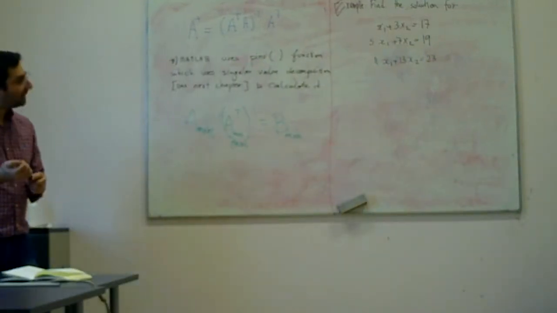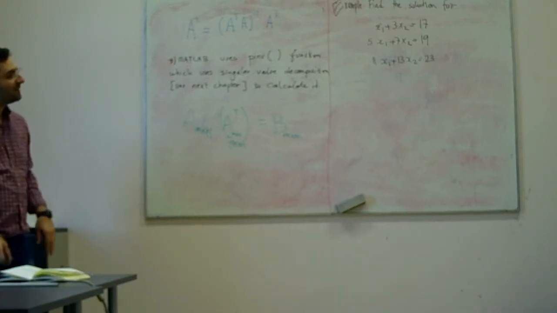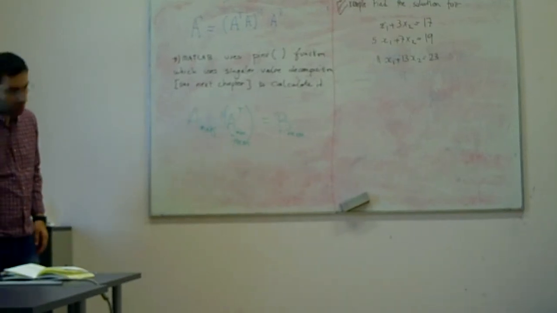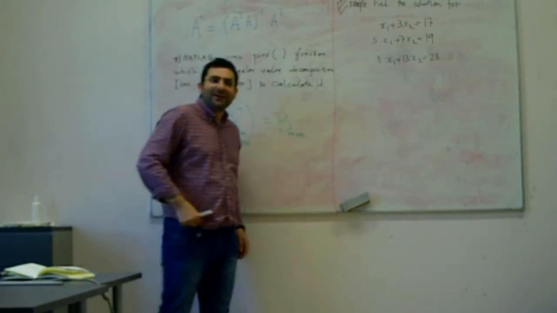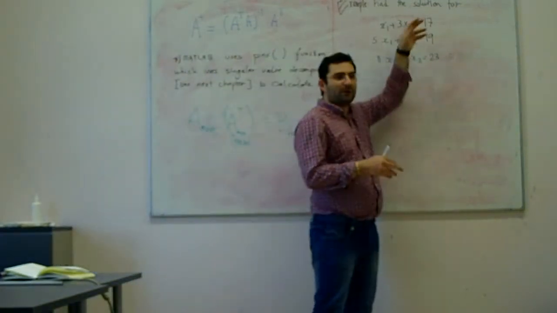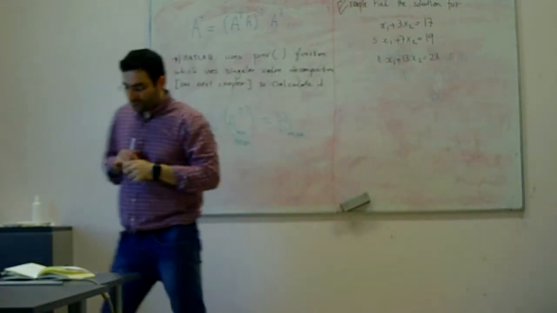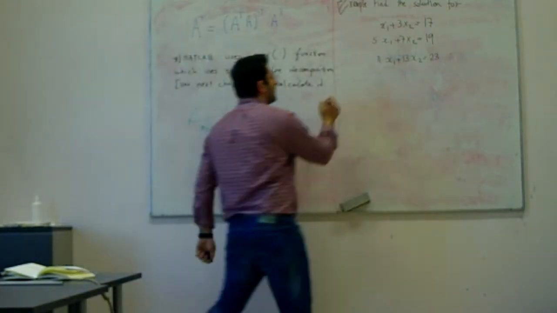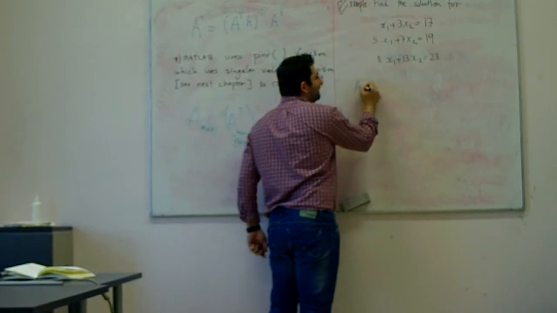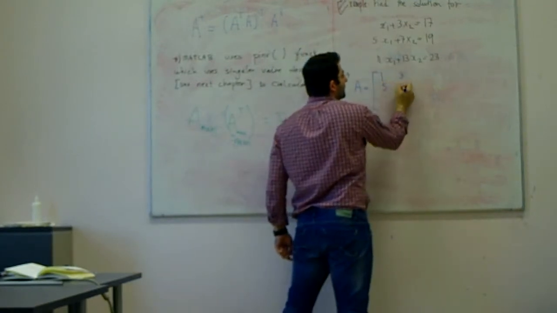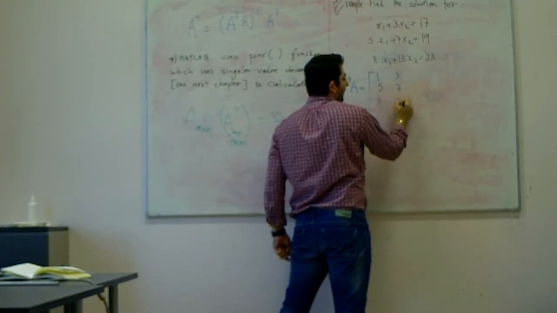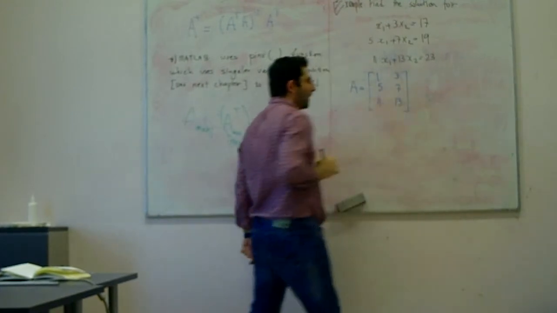And we know that this set of equations is linearly independent, because if they were linearly dependent, it means that we know one of them and we can use two of them. So, what is A? 1, 3, 5, 7, 11, 13. Right?